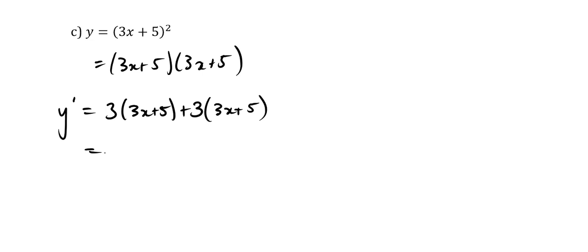However you choose to expand and simplify this, I'm actually going to collect like terms here, which is a strange thing to do, but the brackets are the same. I've got 3 of the bracket and 3 more of the bracket, so I've got 6 of the bracket. If you don't like that, you could expand the brackets first. Done. Good? That was a simple one. That was the reason why we did that.